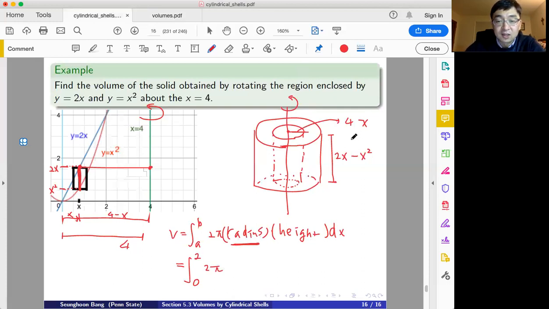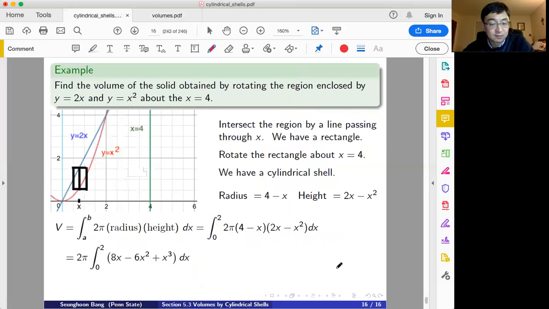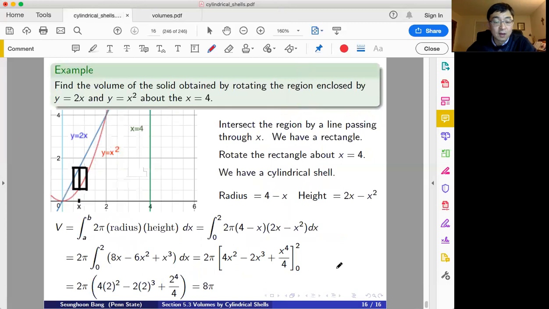The radius is 4 minus x. Height is 2x minus x squared. The calculation is up to you. So we have like this, we have a pi.